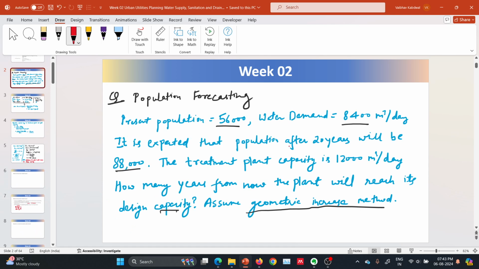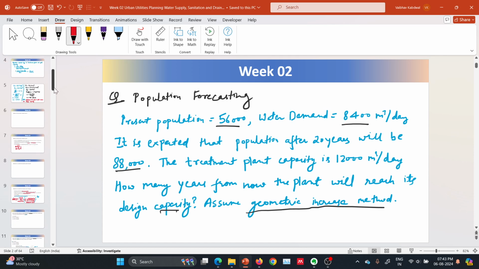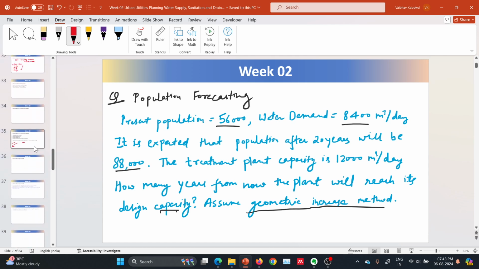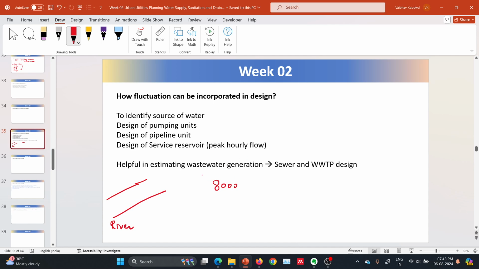For a community, how much was the demand? 8,400 meter cube per day is the water demand.